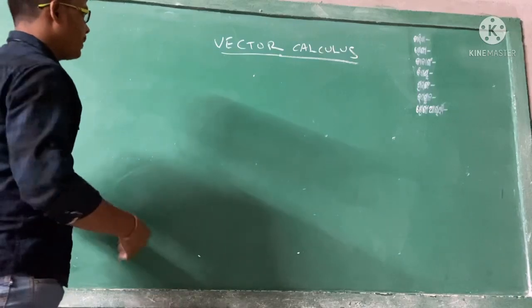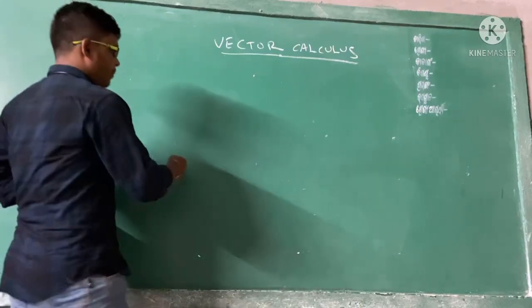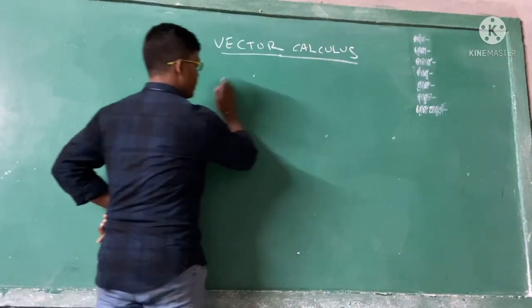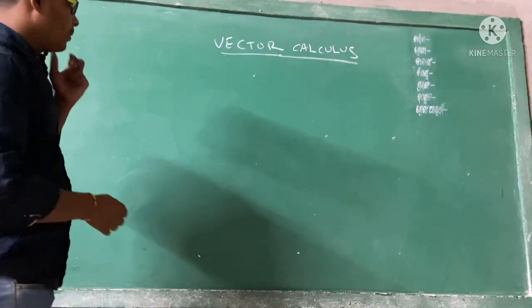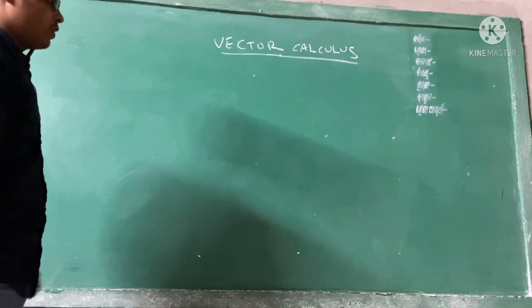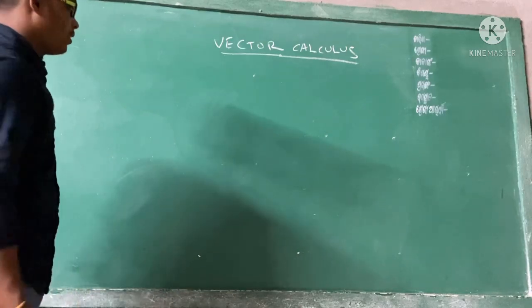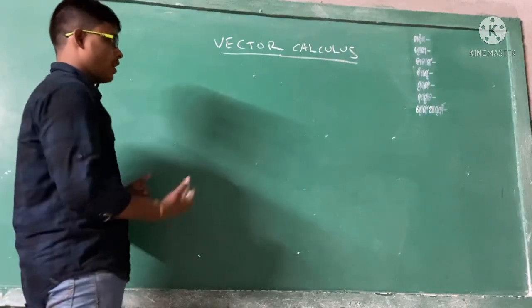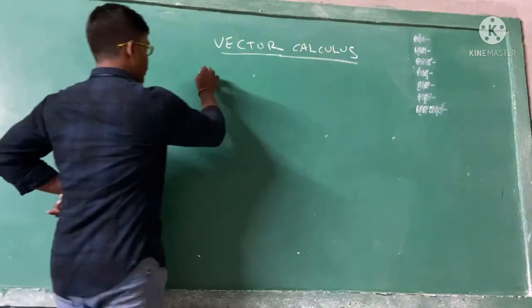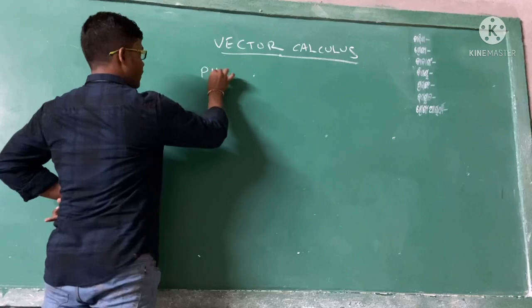So the vector calculus contains the two categories of the physical quantities. The physical quantities we know are the mass, the velocity, the acceleration, the distance, and the displacement. So these are the physical quantities, and we classify them into two categories.